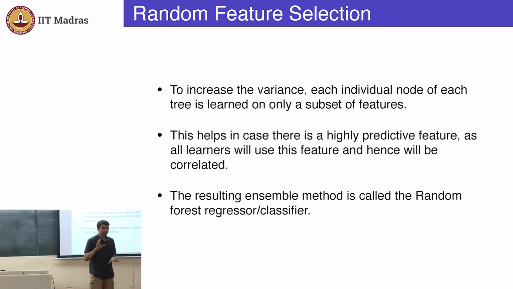But the moment I say that each node I'm going to make random, each node is not allowed to choose all attributes, but rather only a subset of the attributes, then even if I give the same data again to you, the decision tree that you return to me will be different. What's an example? Take the root node.